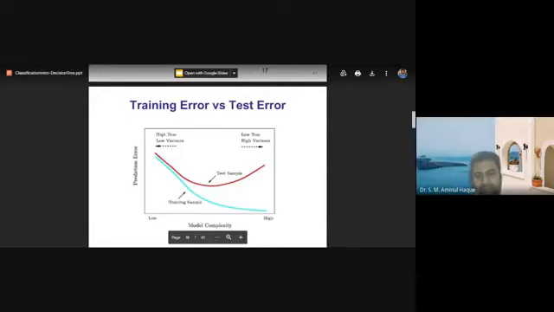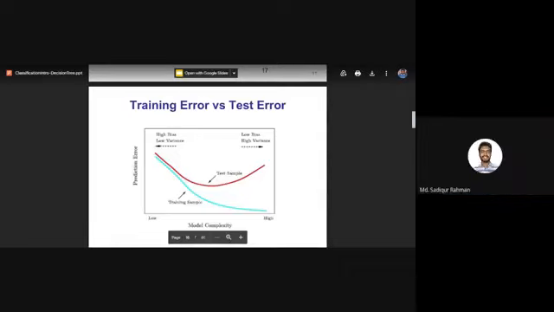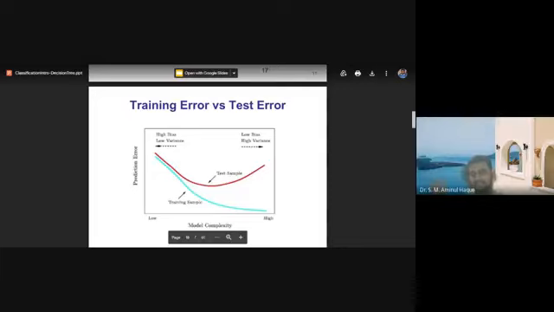Now, can you tell me, when the model complexity is low, which issue do we face, and when the model complexity is high, which issue do we face, between overfitting and underfitting? When the model complexity gets low, we face high bias and low variance. No, that's good. It's already mentioned here.